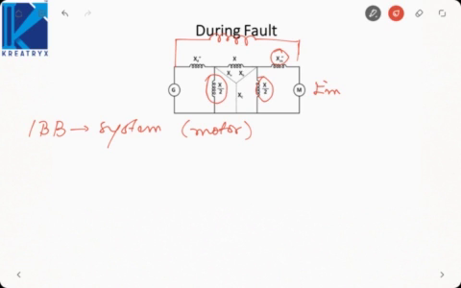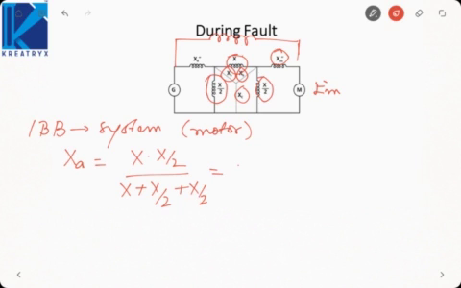For that we will first convert this delta connection into a star connection, and the star will have reactances XA, XB and XC. Then what will be XA? It will be equal to x dot x by 2 over x plus x by 2 plus x by 2, that is x by 4.